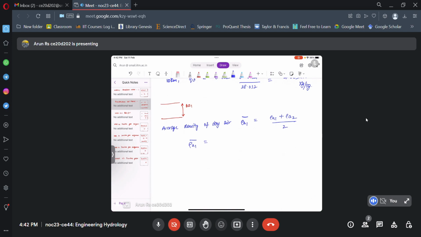So rho A1 is the density of the air at the ground level plus density of air at 3.5 kilometers, so this value will be equal to some kg per meter cube.